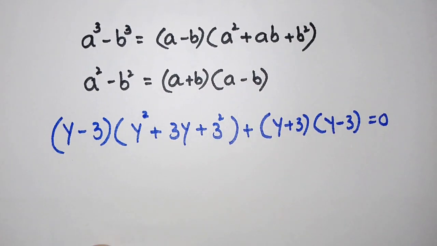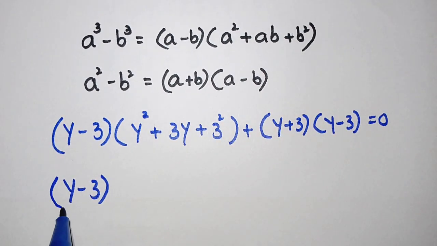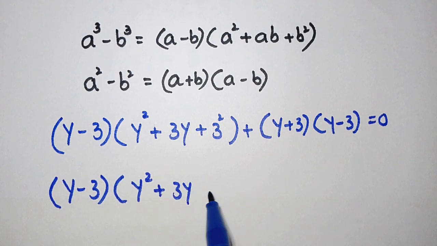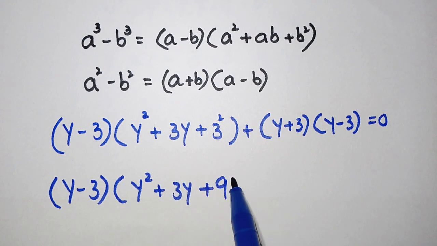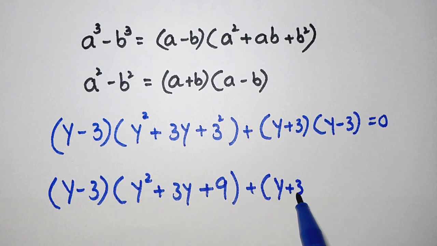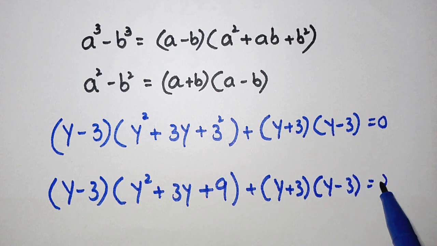Now in the next step, here (y minus 3) times (y square plus 3y plus 9) plus (y plus 3) times (y minus 3) is equal to 0.